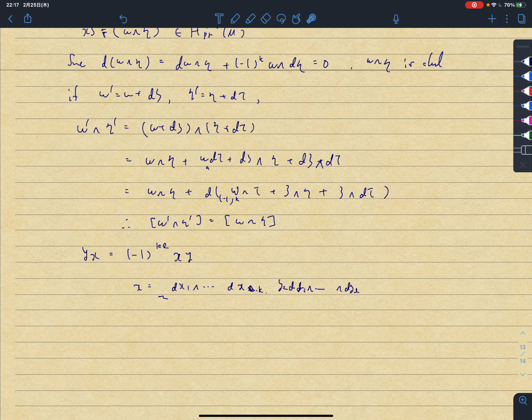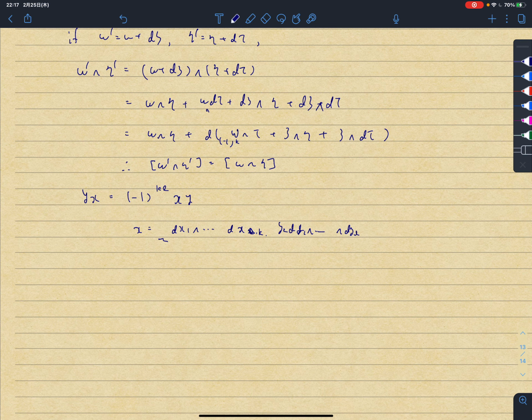So H_dR(M) equipped with the product structure is called the de Rham cohomology algebra.